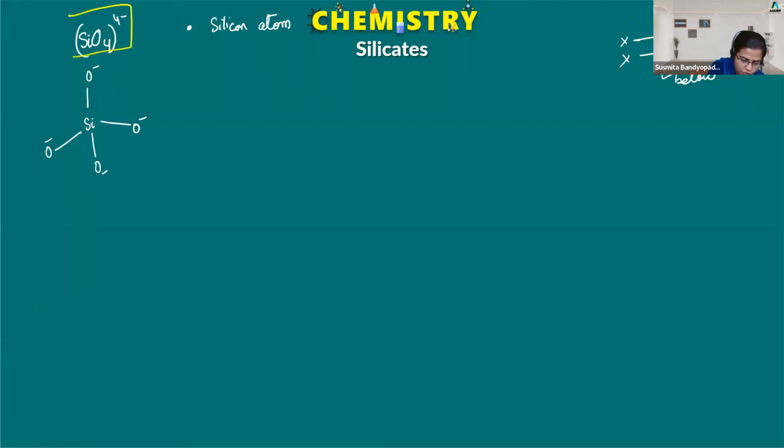So SiO4 4 minus can be represented in a 2D plane in a slightly different way, where silicon atom is represented by the dot, and this dot is bonded to O minus, O minus, O minus, and the fourth one, O minus on top of silicon on a plane above, will be represented like this.